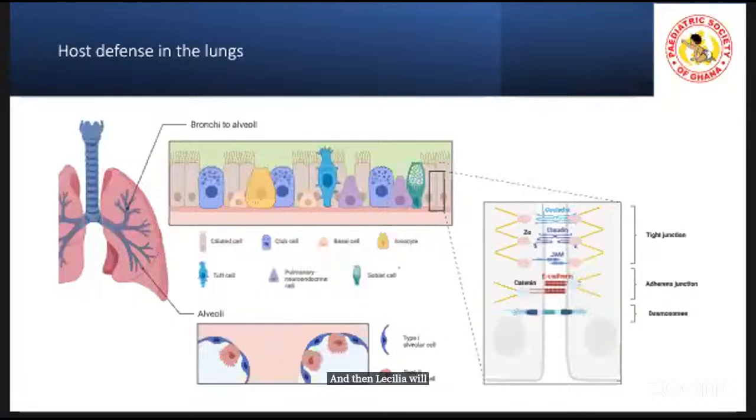It has a particular way of moving to brush all this mucus with whatever is trapped in the mucus, sweep it towards the upper airway so that the person will cough it out. Okay, and then apart from this, you have the cells, macrophages, neutrophils that come in when there's an infection. All these things are going on in the lungs. So when there's a defect in any of these things, it means bacteria can land safely and start colonizing and then causing inflammation and all that.